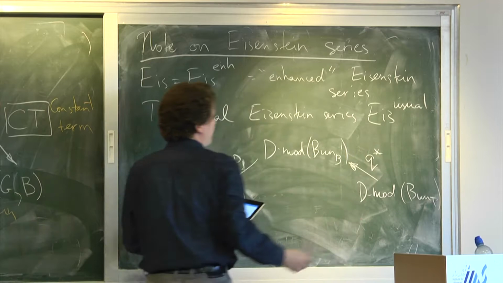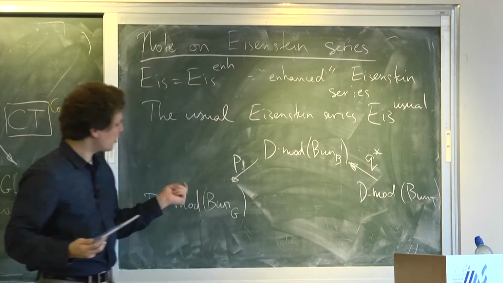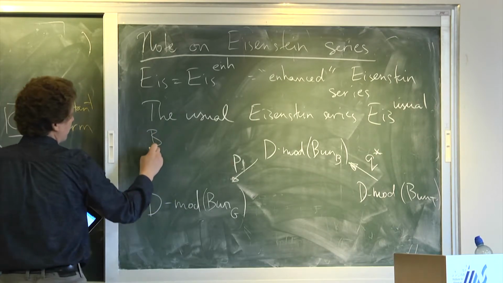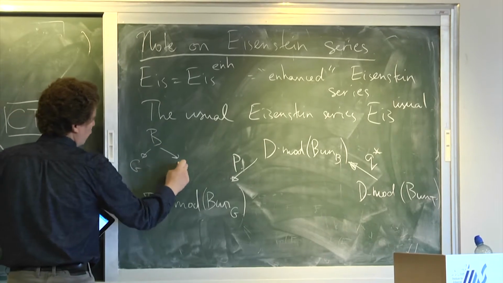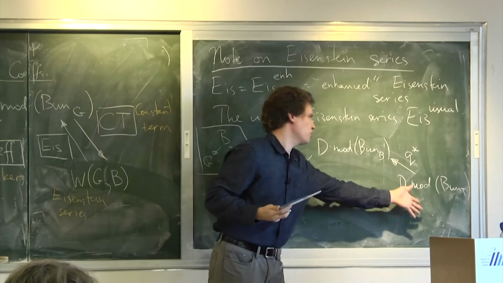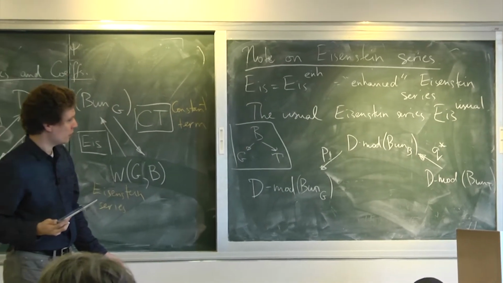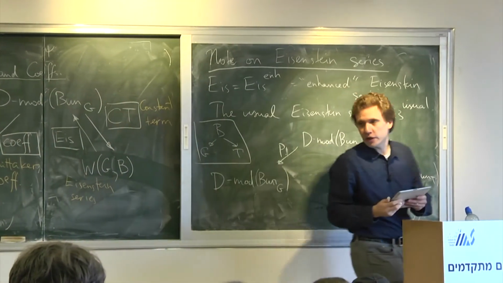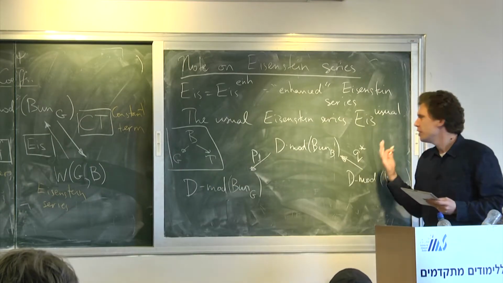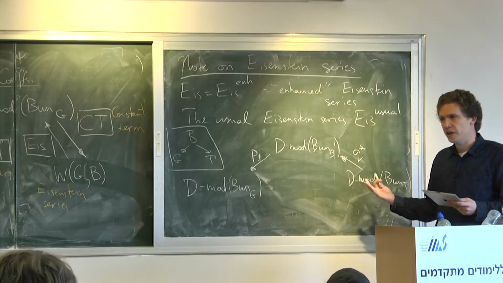There are natural maps between these stacks corresponding to morphisms of groups, and you can just do push-pull or pull-push. So just trace this diagram, and this is what is maybe more familiar as the Eisenstein series.